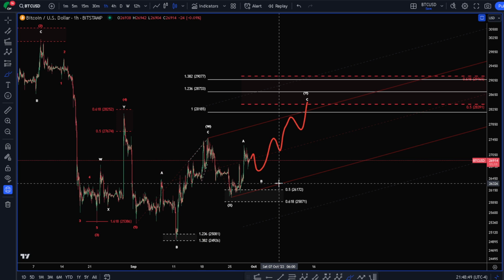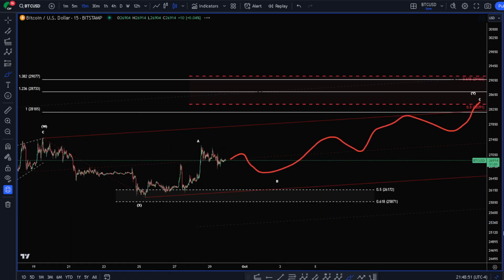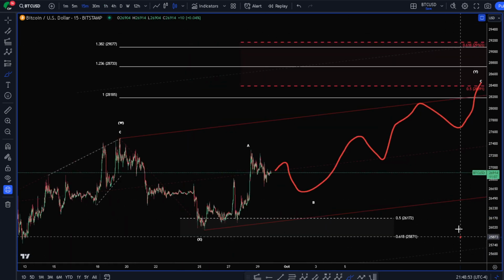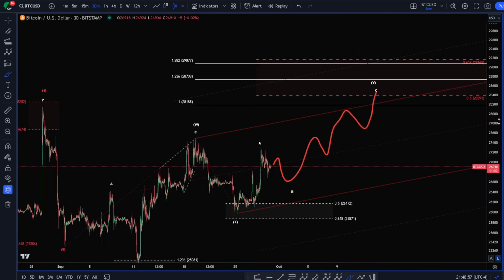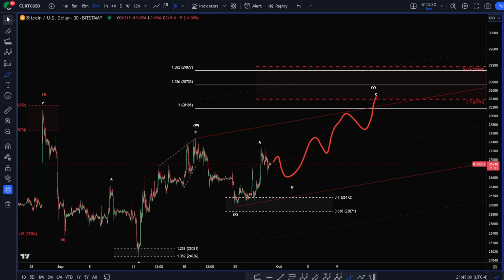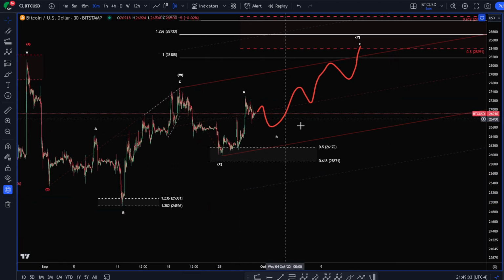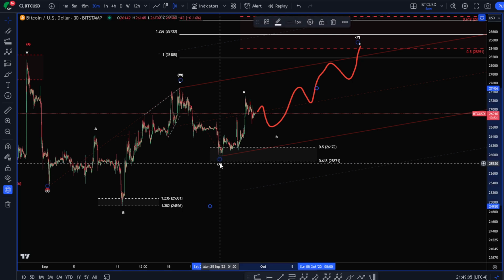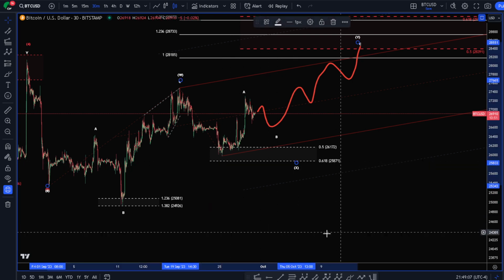One thing to consider, remember we always use the question, what happens if we start to reject from here. And I would consider the fact that this X wave could get bigger and come over here.